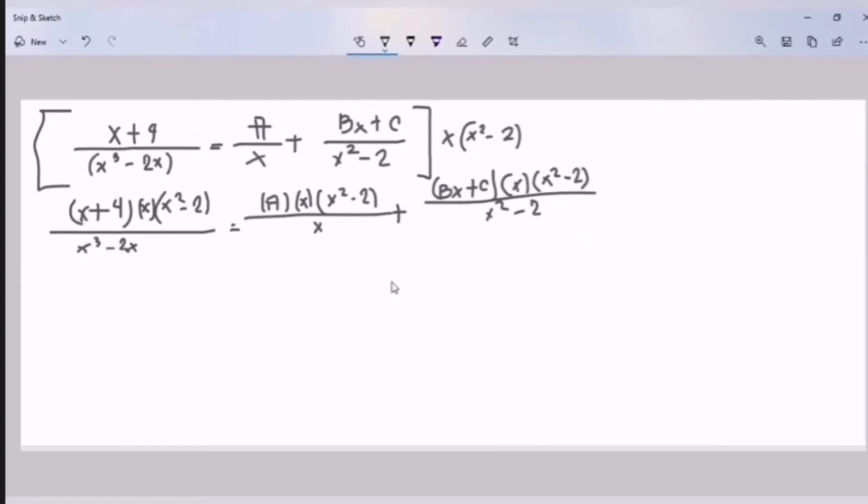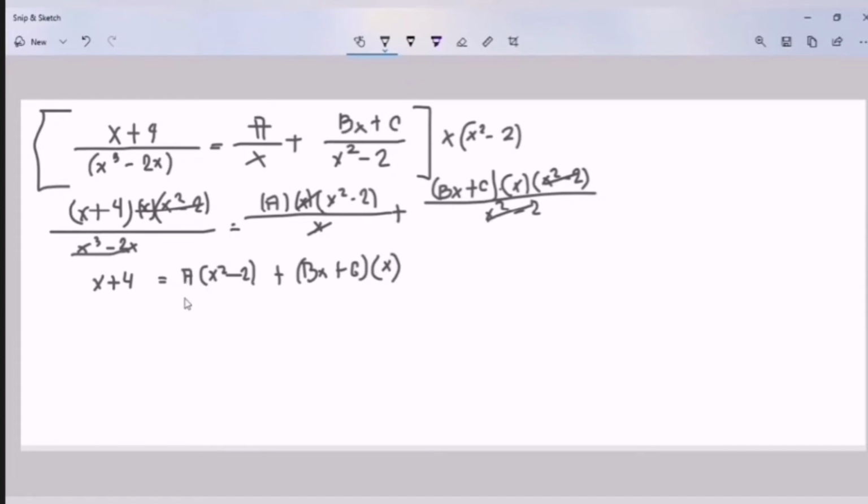Let us cancel out common terms in the denominator and the numerator, and that leaves us with x plus 4 equals A times the quantity x squared minus 2 plus the quantity Bx plus C times x.